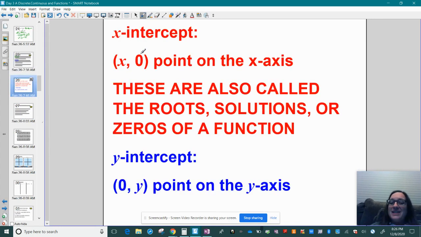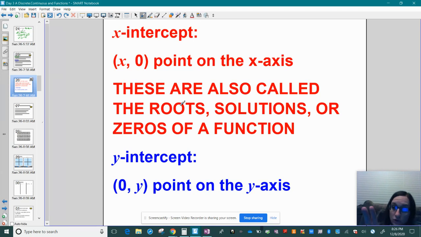If we're looking for an x-intercept, that is the point that lies on the x-axis. It always has a value for x, and then y is 0. That's our x-intercept. This point on the x-axis, we have a few other words for them. These are also called roots.